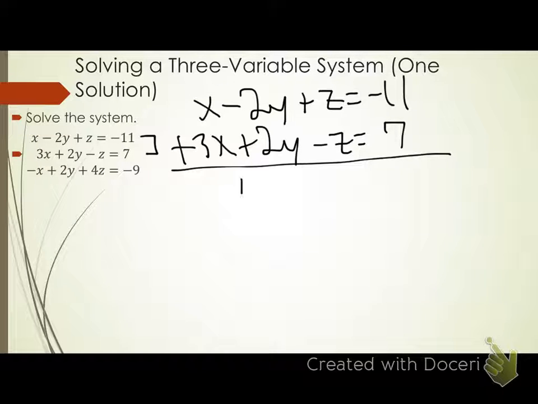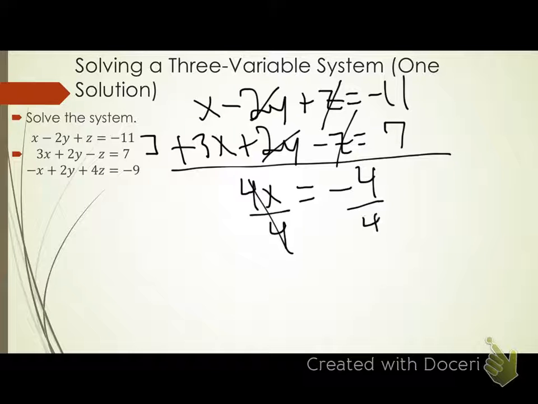So x plus 3x gives me 4x. The y's get eliminated. We get lucky in this case because my z's also get eliminated. Negative 11 plus 7 gives me negative 4. So right off the bat, I can go ahead and find my x value. Solving for x, I get x equals negative 1.